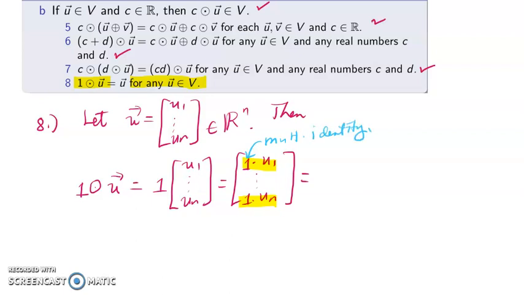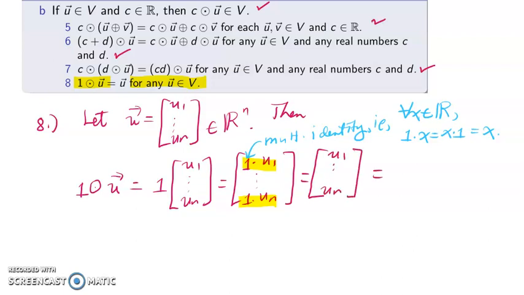Meaning, any number that you multiply by 1 will result in that number, right? So in the set of real numbers, for all x in the set of real numbers, 1 times x is equal to x, and that is for all x. And so that will become u1 up to un, and this is just the vector u.